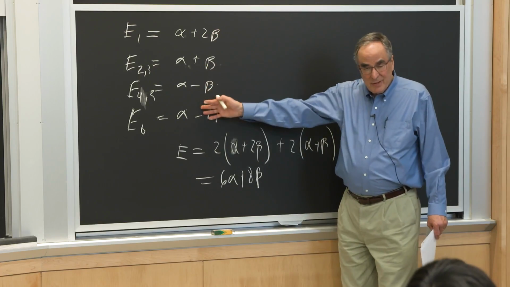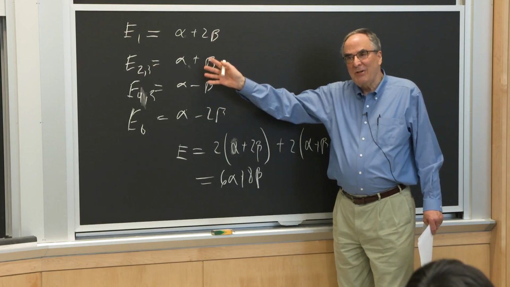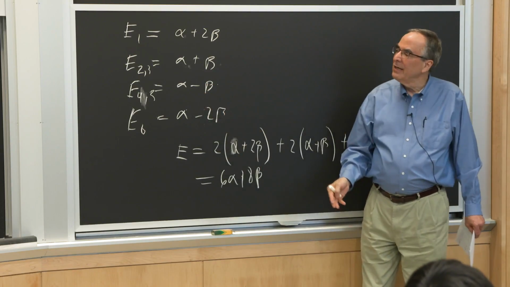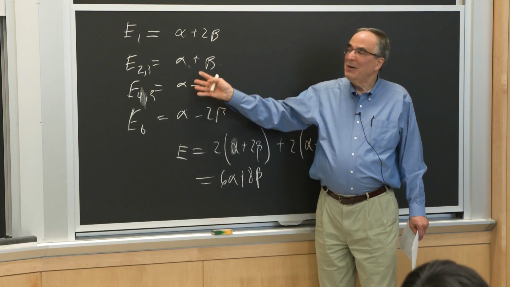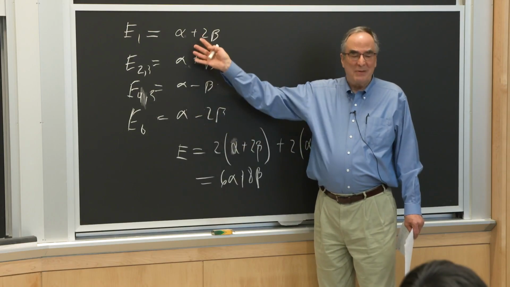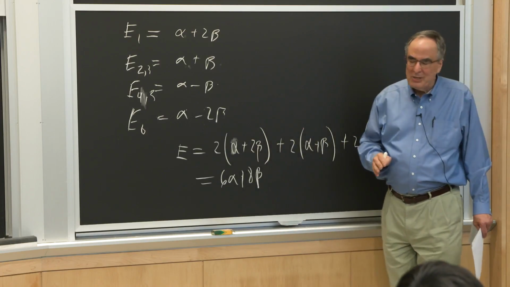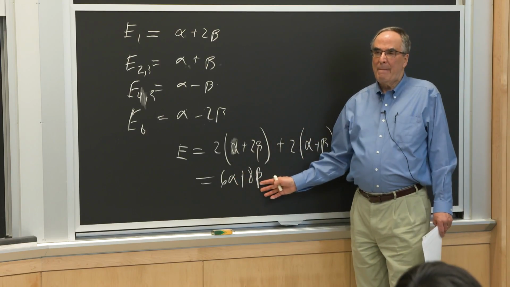Now this, you might have guessed it, but you didn't guess it. Your computer told you that. And the computer actually likes numbers rather than symbols. And so to actually obtain this simple structure from the computer requires a little bit of manipulation. But you still get 6 alpha plus 8 beta.